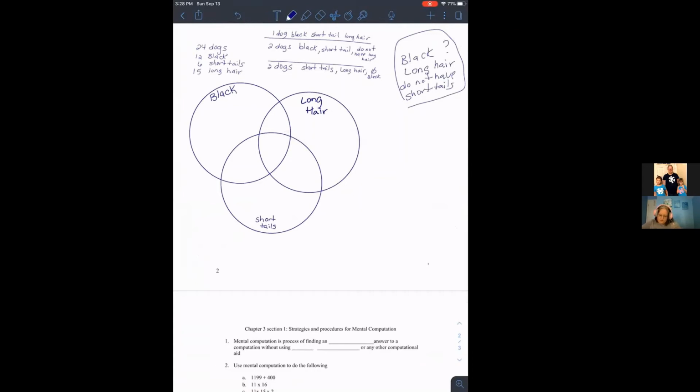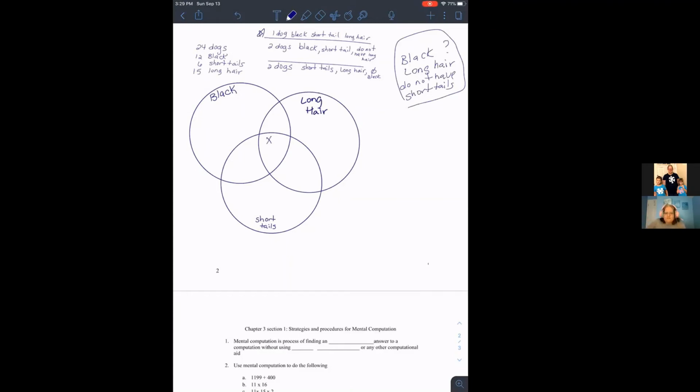Okay, so let's start off with this. What I did is I started off by going through the special examples over here. One dog is black, has a short tail and long hair. So that means it has everything that's being described, so I put an X in the middle because that has all the possible characteristics.